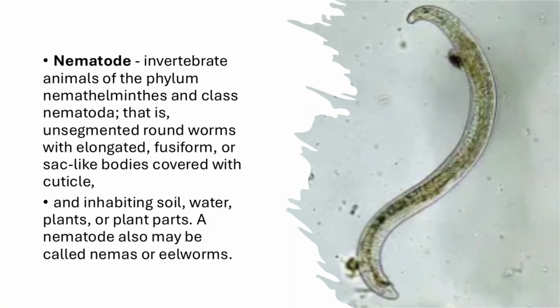Nematode. Invertebrate animals of the phylum Nemathelminthes and class Nematoda, that is, unsegmented roundworms with elongated, fusiform, or sac-like bodies covered with cuticle, and inhabiting soil, water, plants, or plant parts. A nematode may also be called nemas or eelworms.